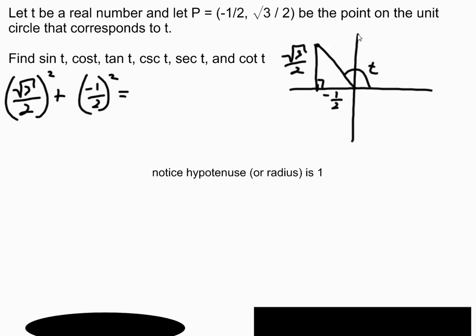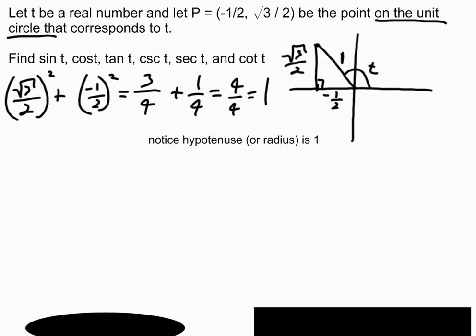Well, that's equal to 3 over 4 plus 1 over 4, which is equal to 4 over 4. That's equal to 1. And the square root of 1 is 1, so then I know that my radius here is 1, and hence on the unit circle.